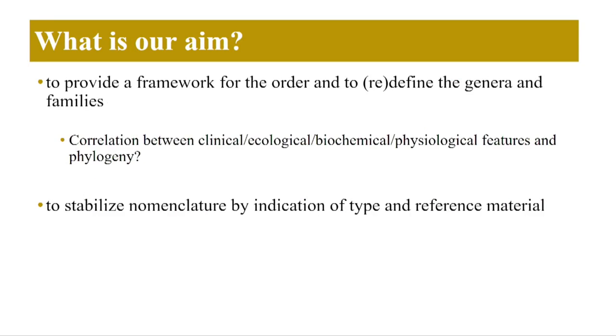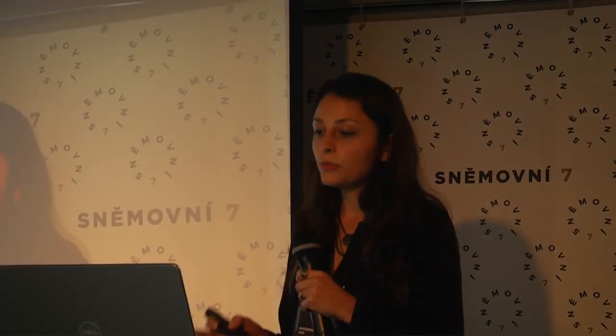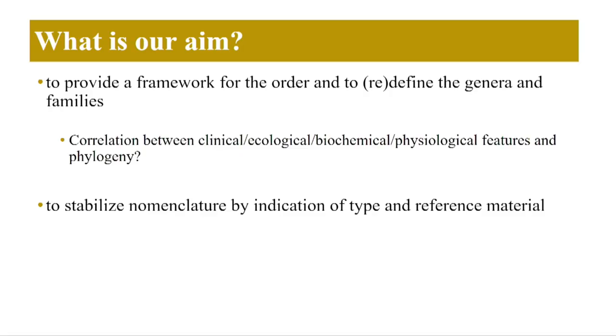So what was our aim with this project? It was to provide a framework for the order and to redefine the genera and the families in the order. And also we would like to see if there's any correlation between phylogeny and the other data of the species. We also want to contribute to stabilize nomenclature by indication of mostly missing type or reference materials.